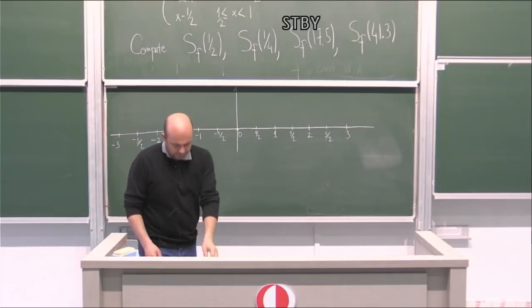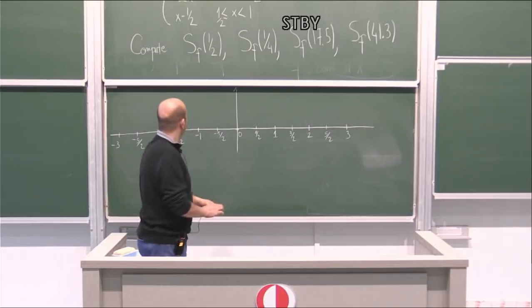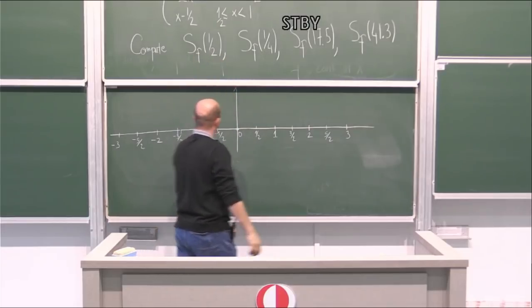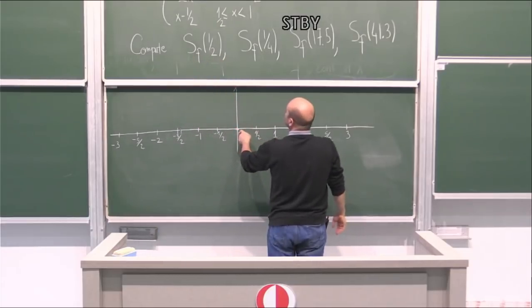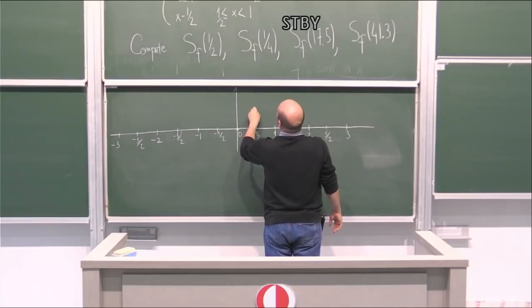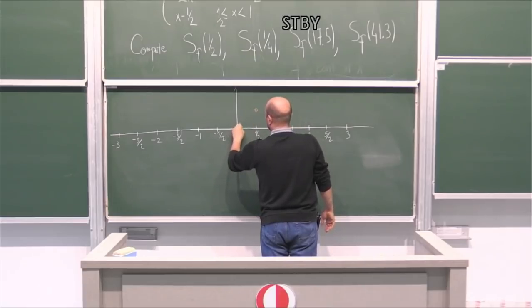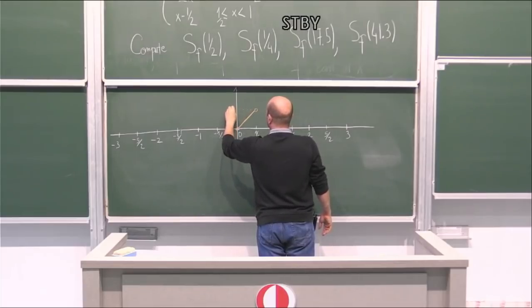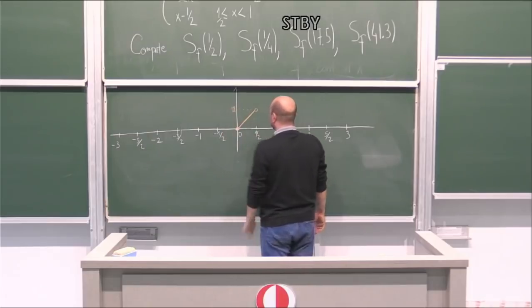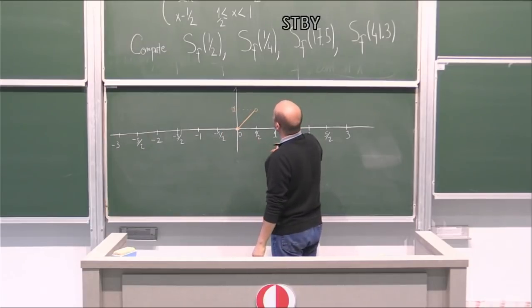Now, between 0 and 1 over 2, it is 2x. If you plug in 0, you get 0. If you plug in 1 over 2, you get 1. So it's like this, and this is not included, this is included. And this value is 1. Between 1 over 2 and 1, it is x minus 1 over 2.